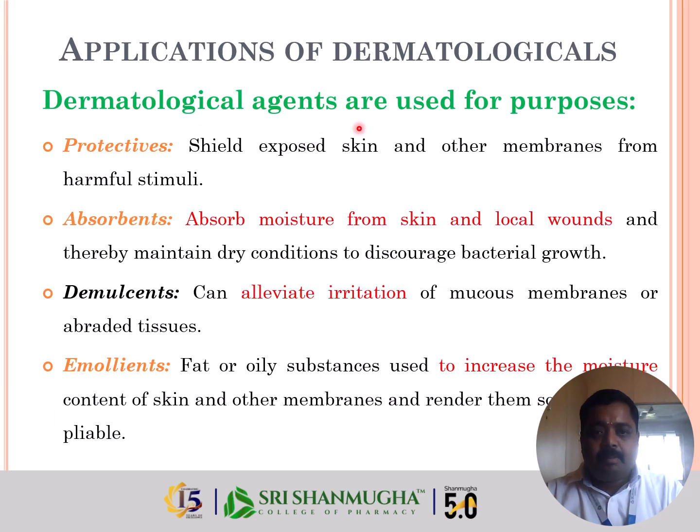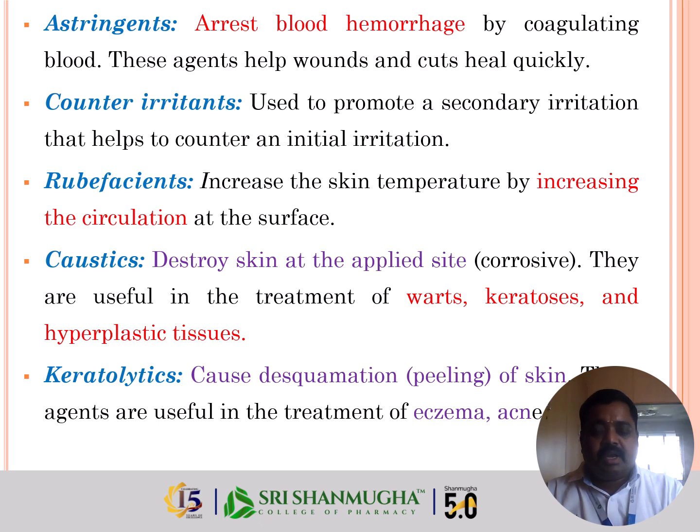Applications of dermatologicals: they are used for different purposes, such as protectives, absorbents, wound healing applications, and demulcents for mucous membranes or abraded tissues, as anti-inflammatory agents, and emollients, fat or oily substances used to increase the moisture content of the skin, like moisturizing agents, and astringents to arrest blood hemorrhages, counterirritants, rubefacients, caustics, and keratolytics.